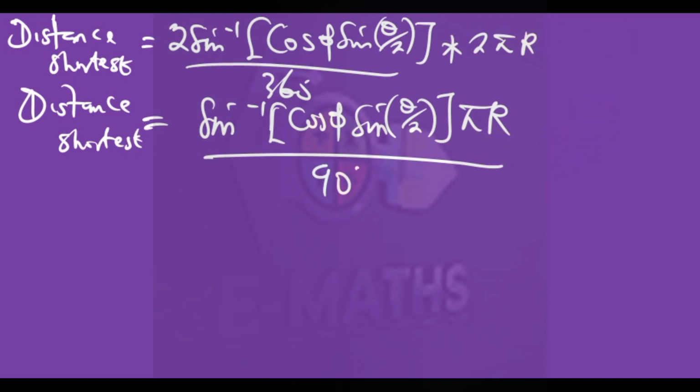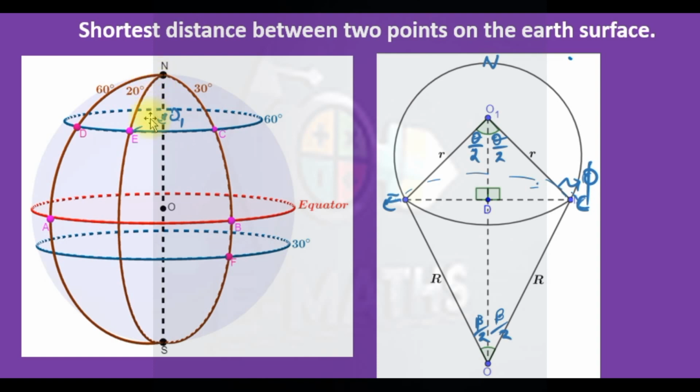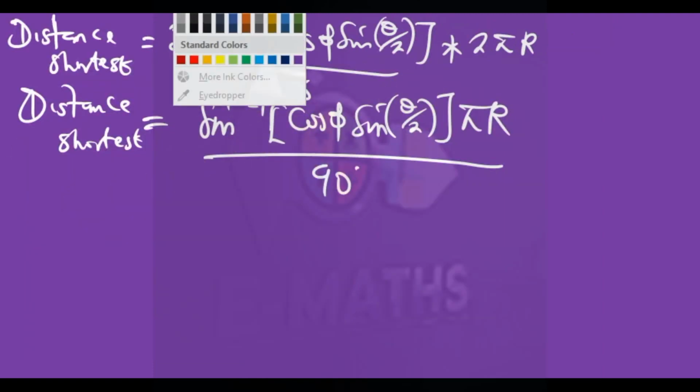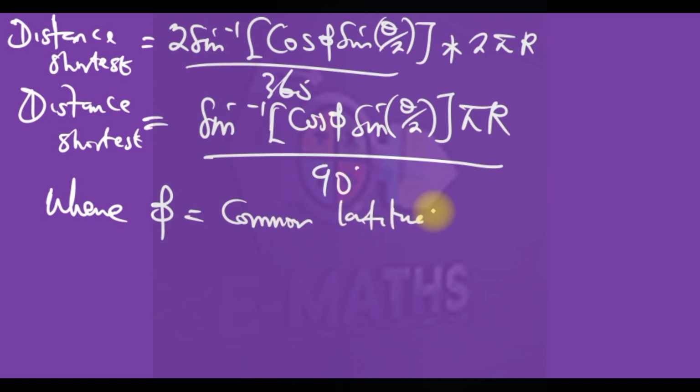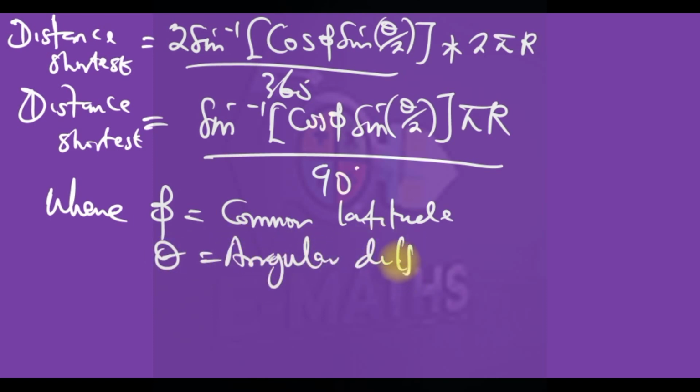We'll prove that by solving. I will solve this question using the normal distance along the latitude, and after that we use this formula. Remember, as described before, phi is the common latitude and theta is the angular difference between the longitudes.